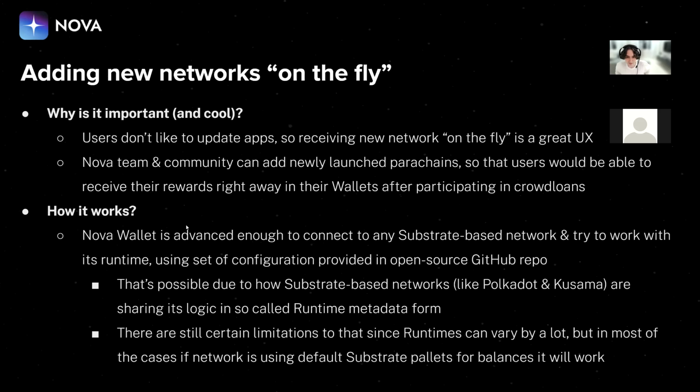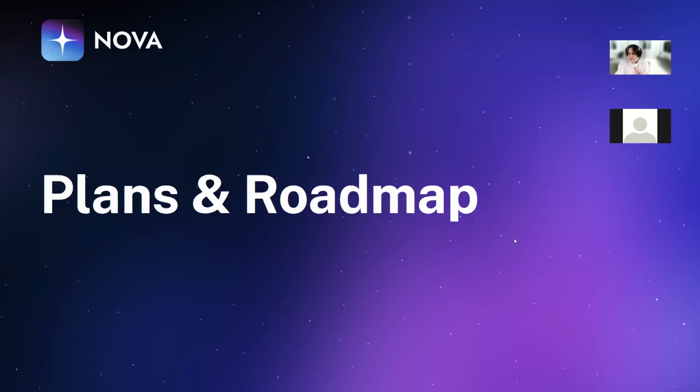But generally, most of the networks can be added on the fly, and that's what we're going to do for the users. All right, that's it for the demo part.